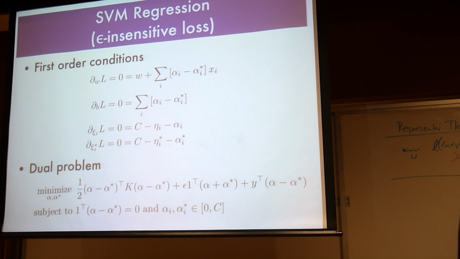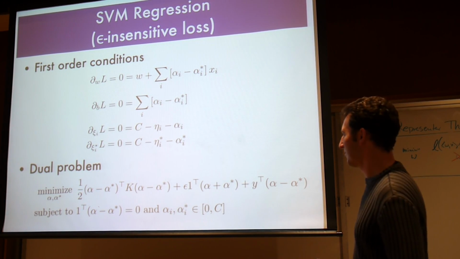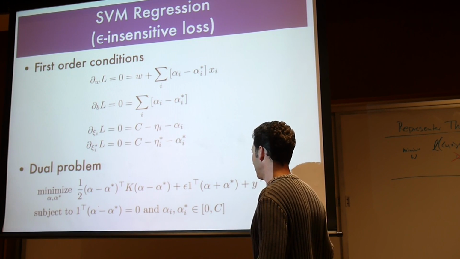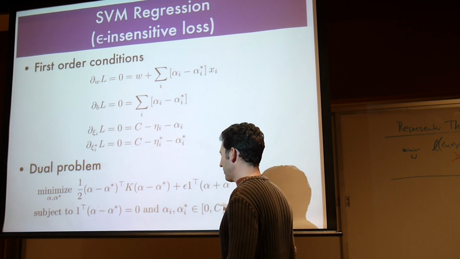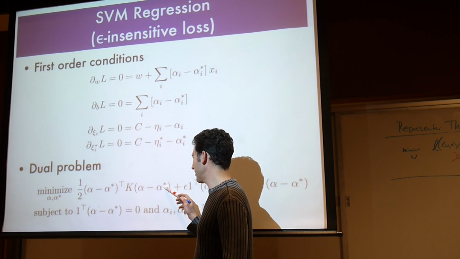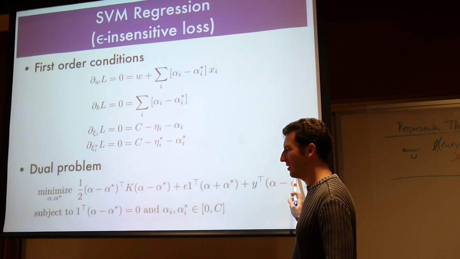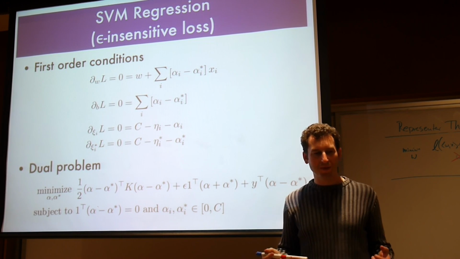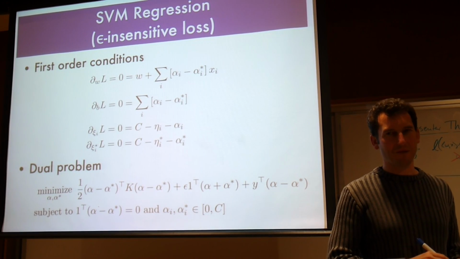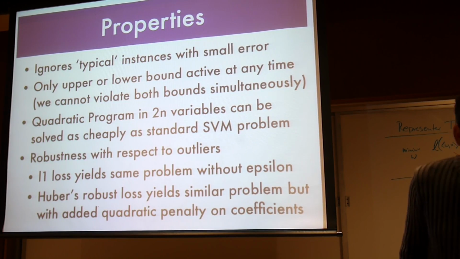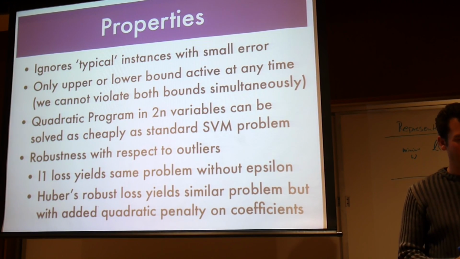Now that looks a little bit more complicated, right? But effectively it's the same flavor of problem. Now we have twice as many variables, alpha minus alpha star. Here we have alpha plus alpha star and so on. But the good news is that the number of non-zero terms doesn't really increase very much. Because, first of all, it actually ignores typical instances with small error.